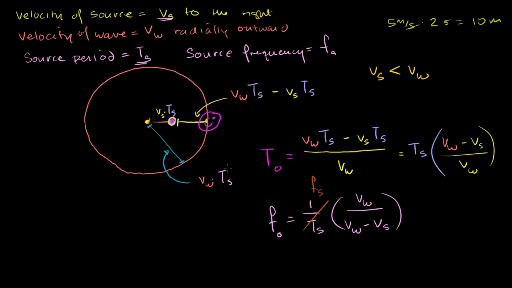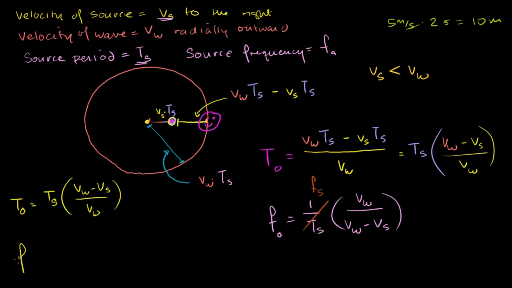We have our two relations, at least if you are in the path. If the velocity of the source is going in your direction, then we have our formulas. And I'll rewrite them: the observed period of the observer is going to be the period from the point of view of the source times the velocity of the wave minus the velocity of the source, divided by the velocity of the wave itself.